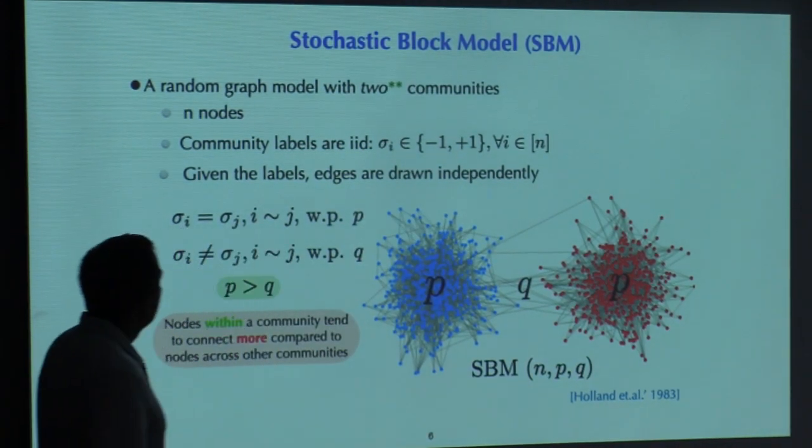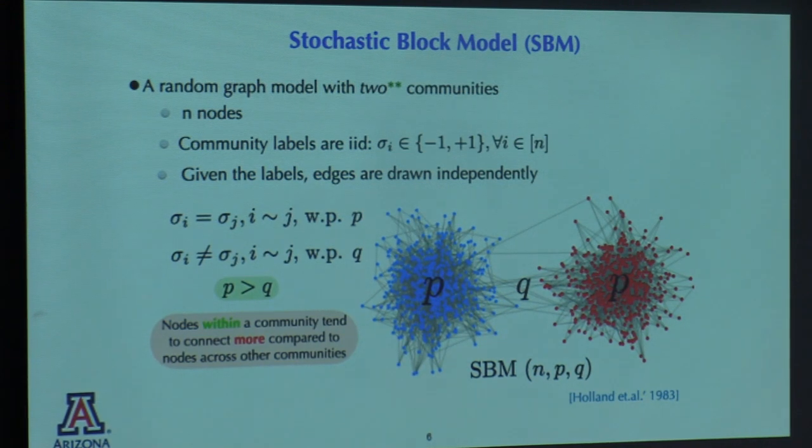And the generative model is specified as follows. First of all, let's say I have 30 people in this room, and everybody is assigned a label uniformly at random, blue or red. Then once the labels are assigned, two people of the same color will be connected with probability p, and people who are not of the same color will be connected with probability q.